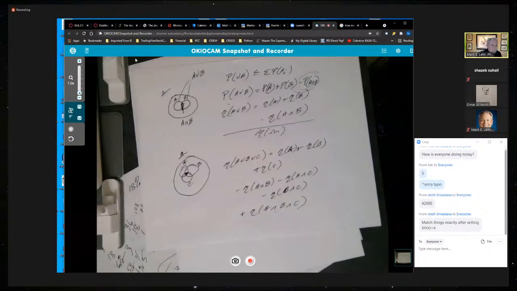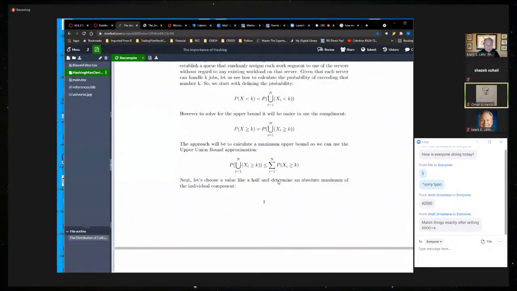So back to my little derivation here. What I'm doing is I'm putting a bound on everything, okay? I'm using inequalities. And you might say, well, Dr. Lair, why are you doing that? Well, you're already doing that.